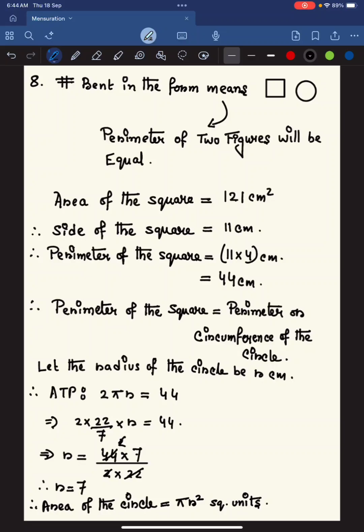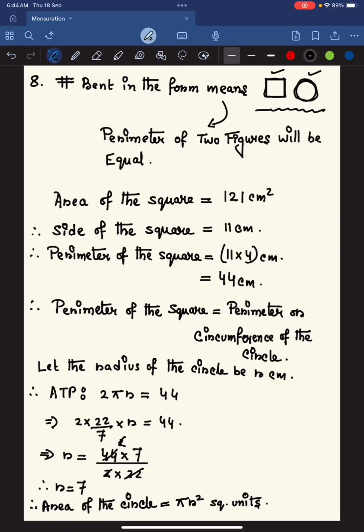The first thing that we need to know here is that if we are using the same wire to form a square, then the perimeter of this square and the circumference of this circle will be the same, because the same wire is used. That means the same length of wire is used to form this square, and again the same length of wire is used to form this circle.